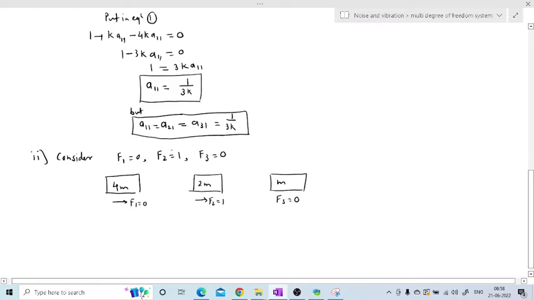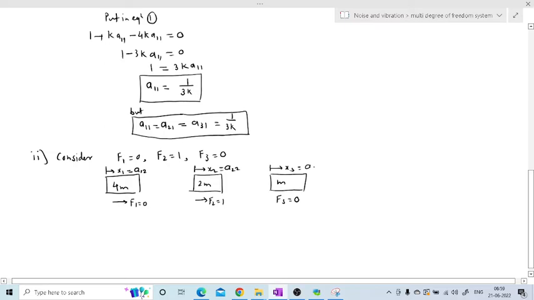Now we are going to determine the displacement x1. What will be the value of x1 here? Just see, we are determining displacement at 1 but the unit load is at 2, so it will be A12. What will be the value of x2? We are determining the displacement at 2 and the load is at 2, so A22. And what will be the value of x3?